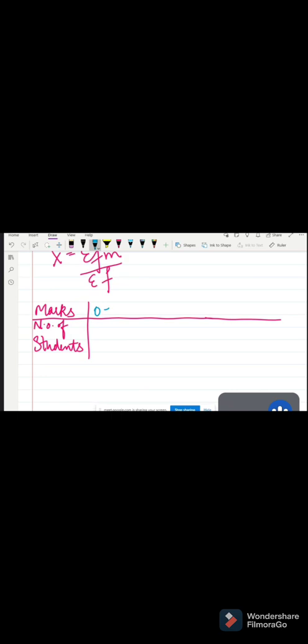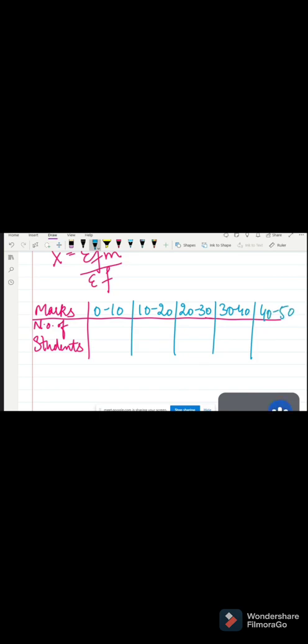Class intervals are given: 0 to 10, 10 to 20, 20 to 30, 30 to 40, and 40 to 50.